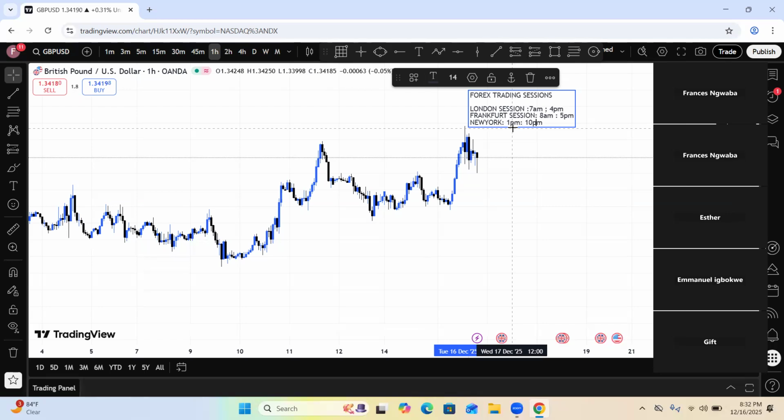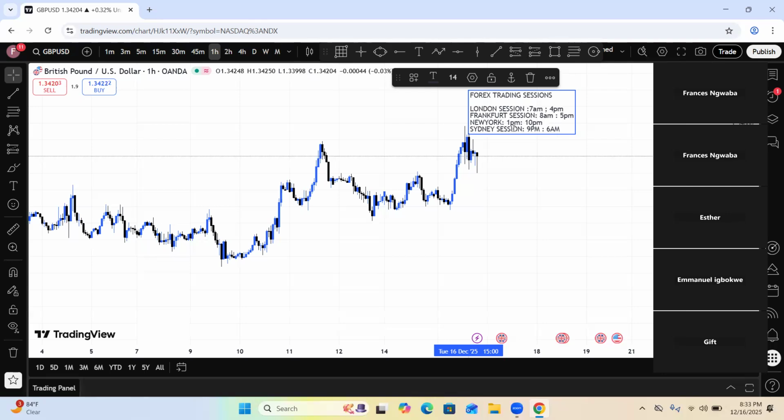Then we have the Sydney session, which opens around 9 p.m. and closes around 6 a.m. Different traders have their own sessions that they love to trade, the times they prefer to trade.